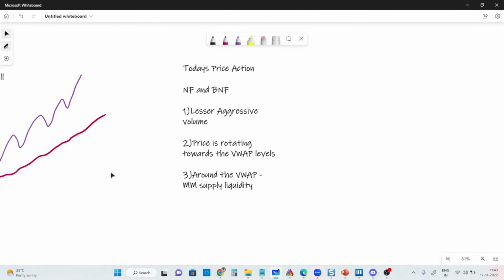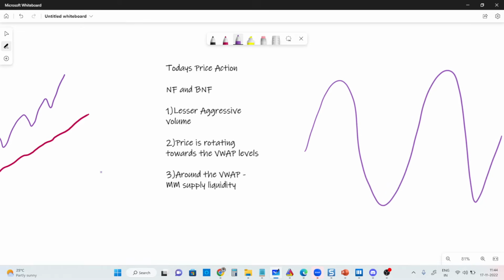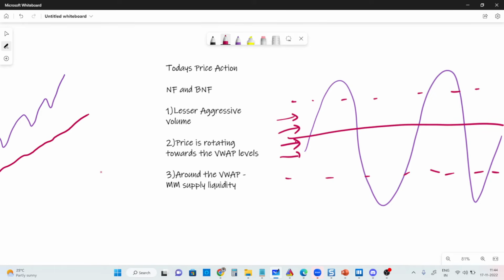That is why the price action will be rotating back and forth towards the VWAP, because most of the liquidity is supplied in this band. Most of the liquidity on both the buy side and sell side, both buy market orders and sell market orders, is mostly supplied in this band. Maybe I'll shade the zone, okay?